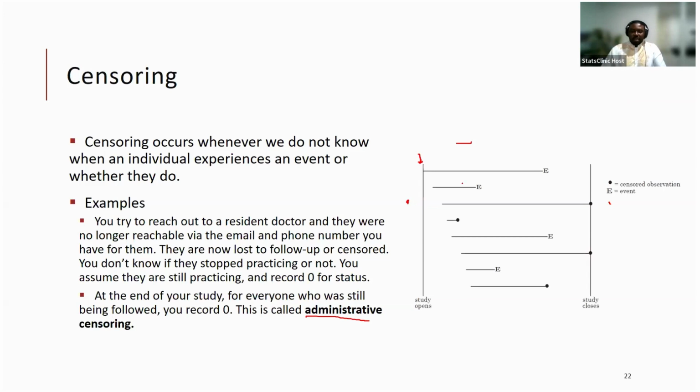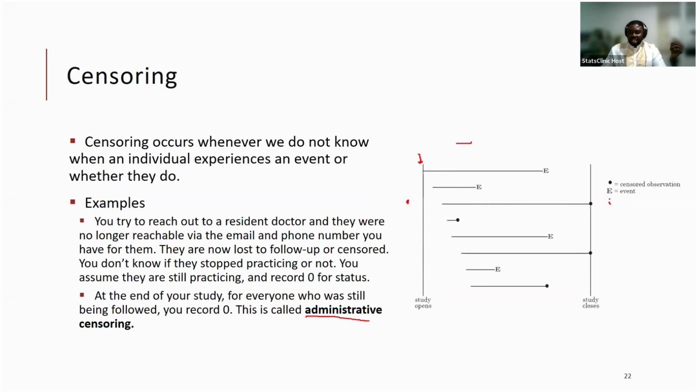Assuming that a person can only have COVID-19 one time, you might inadvertently include some people before you start the study who have had the event. And so when you follow them, they never have the event. You never find out that they have the event, but that's because they already had it before they started and you didn't check carefully. That's a form of censoring. And that's called left censoring because it's on the left of the study, before you start.